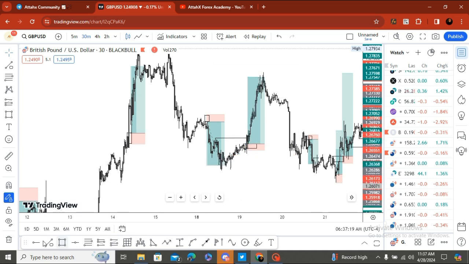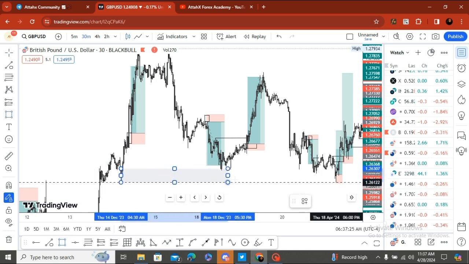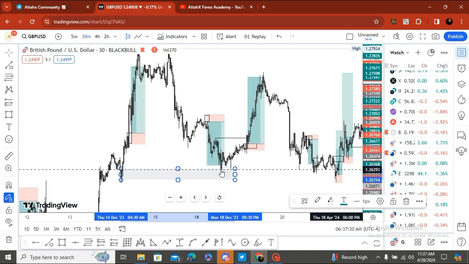Now, this was my POI. I waited for price to mitigate my POI, and then you saw price mitigated each other, showing you that there might actually be a problem, right?